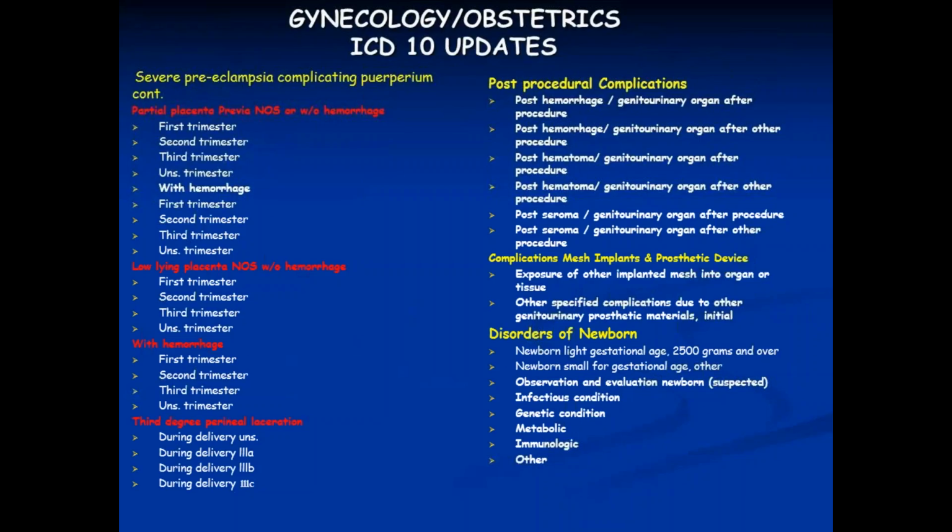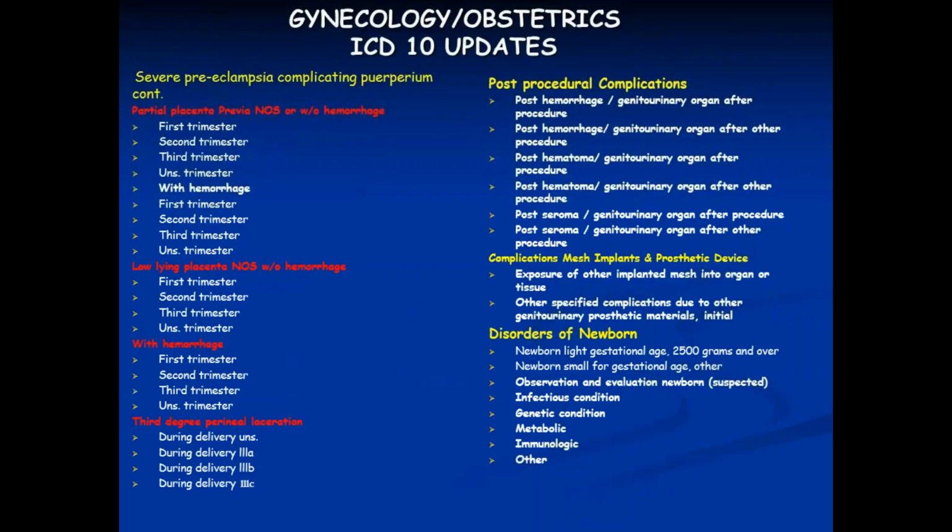What they did add on there too was the low-lying placenta without hemorrhage, with hemorrhage, and then the third-degree perineal laceration. Post-procedural complications. We did mention that before, that if you have a hemorrhage, hematoma, or seroma, all those have been broken down so that they could be listed as post afterwards.